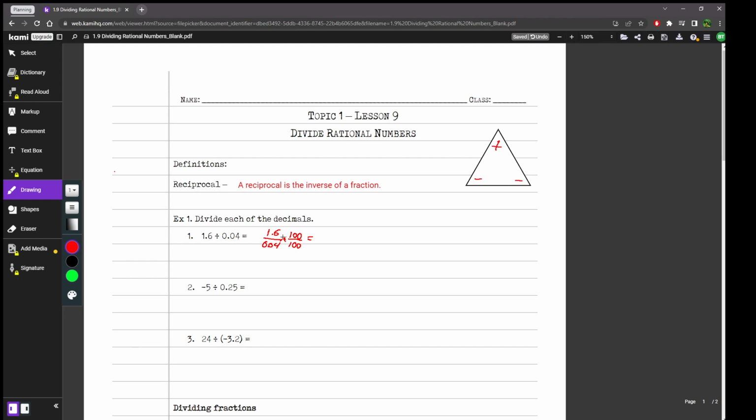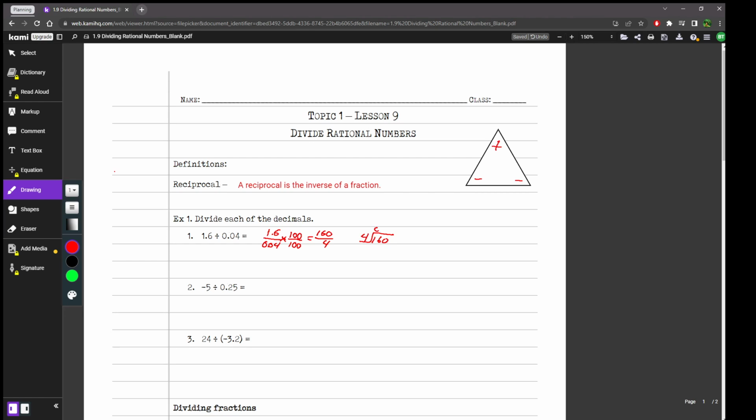So when we're multiplying by multiples of 10, 100, 1,000, you just move the decimal place by the number of zeros. So this 1.6, the decimal moves over 2 places, we end up with 160. Same thing down here, move over 2 places, we end up with 4. Then we just divide.